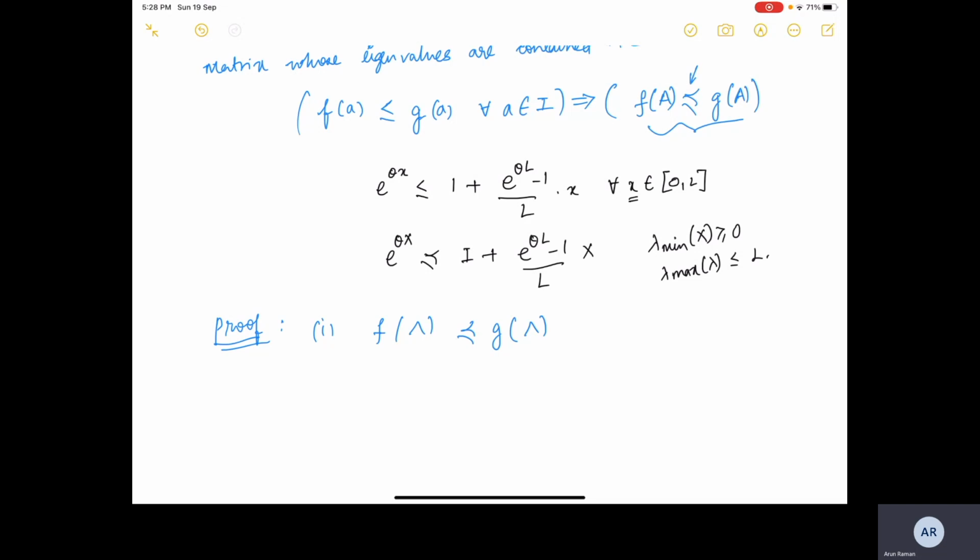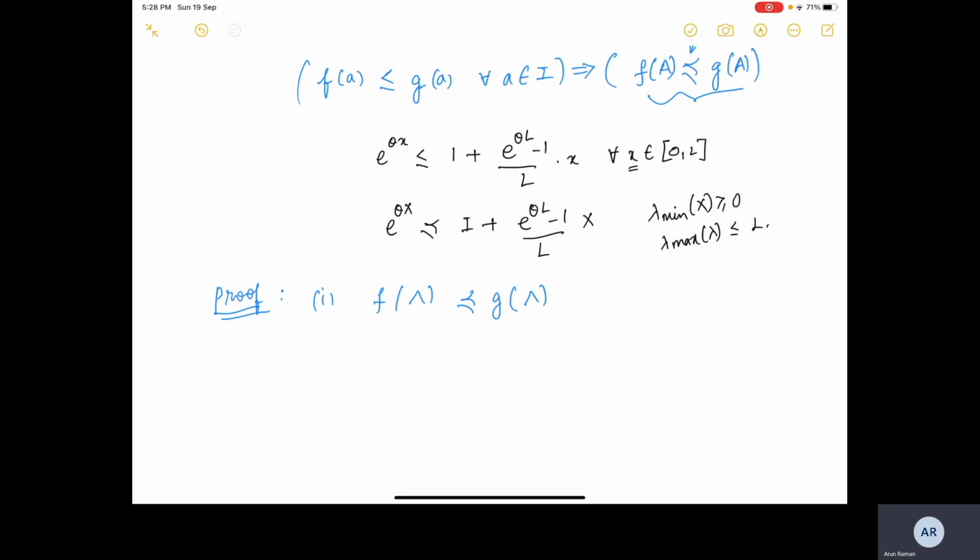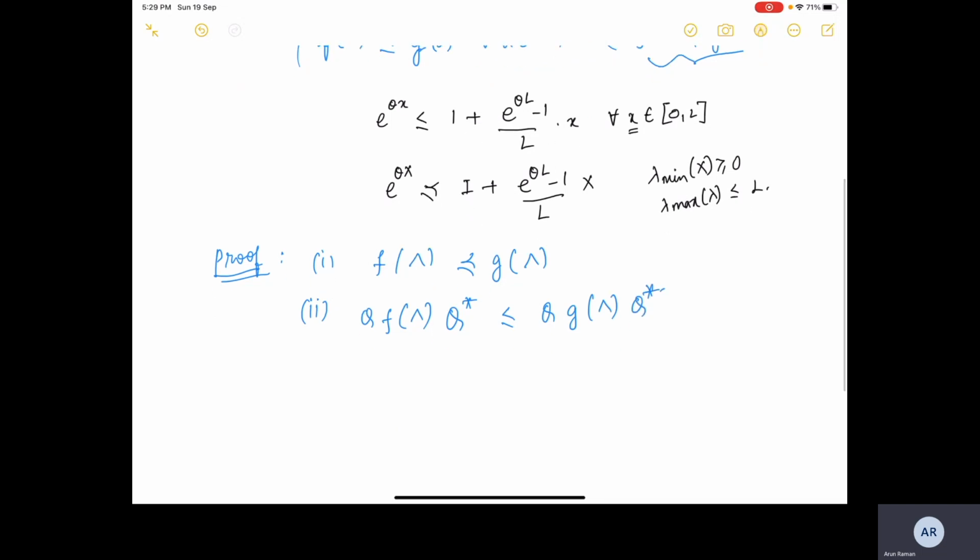Then we say that since A is a Hermitian matrix, it has an eigenvalue decomposition. So we can write something like this: Q f of capital lambda Q star is less than or equal to Q g of capital lambda Q star. This is also known as the conjugation rule, as called in the monograph that we are referring to.